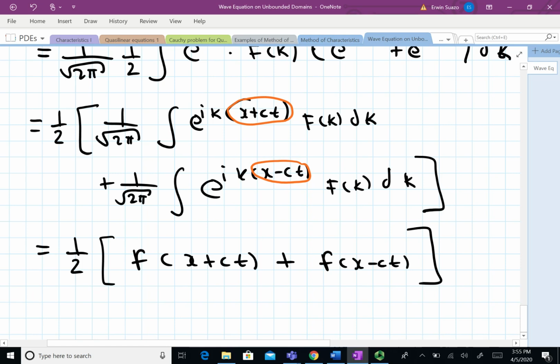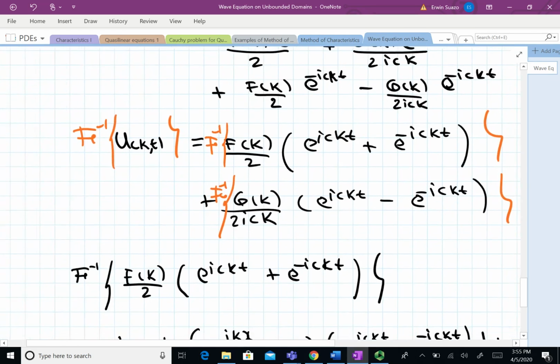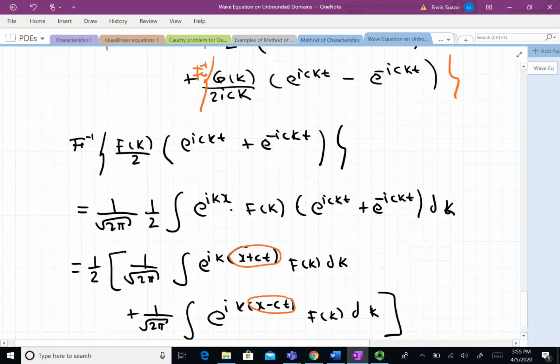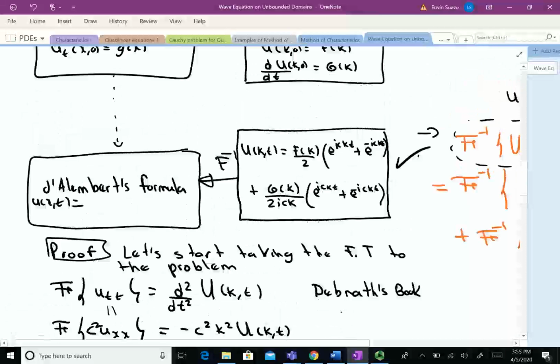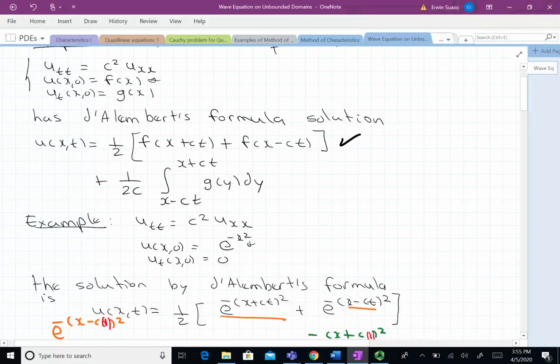Okay, and that's my first part of the formula. Remember the d'Alembert formula? I got the first part.